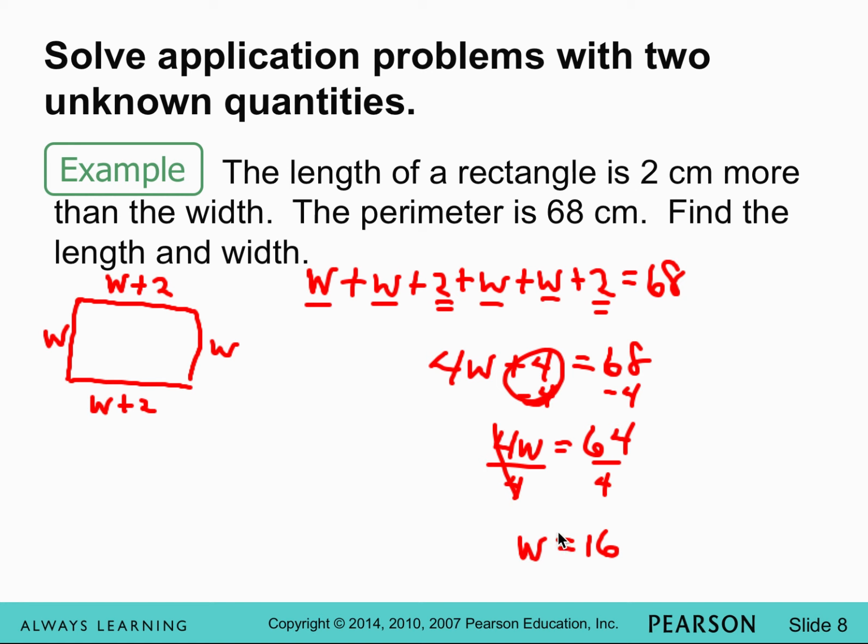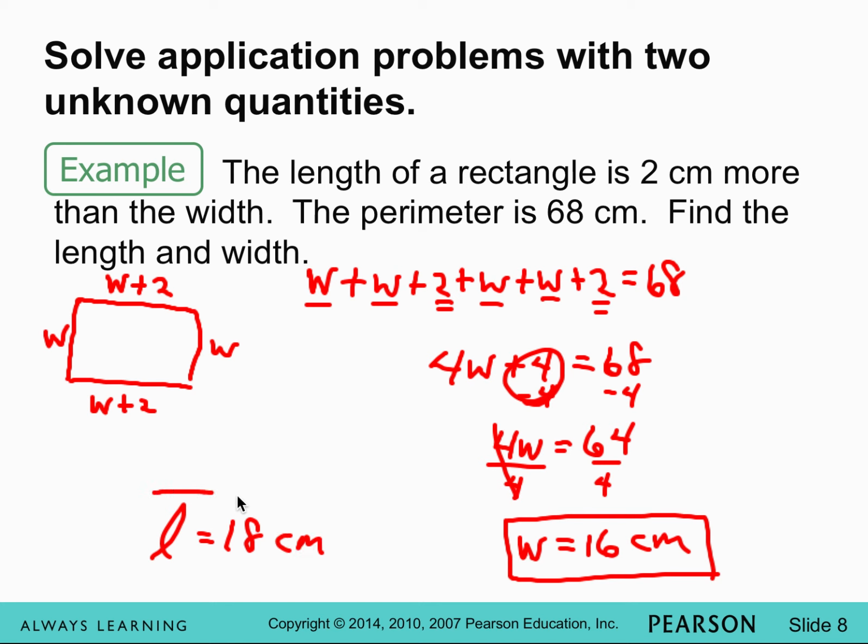Now, once again, since I didn't use x's or anything, I know that's the width. So I don't have to go back and explain it. I can just say W equals 16 centimeters. And then the length is W plus 2. So 16 plus 2, 18 centimeters.